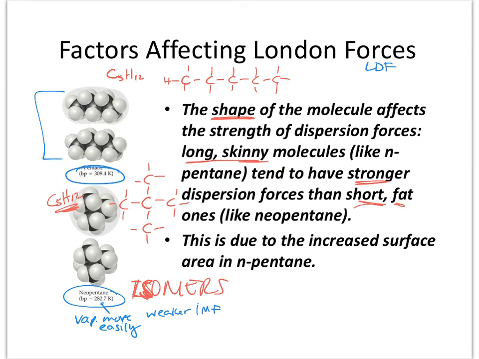So these first two pentanes in that straight line, they can basically just rest on top of each other and form dispersion forces in multiple locations along that molecule. It would be like stacking a plank of wood and another plank of wood. It's pretty easy to stack because there's many points of contact.